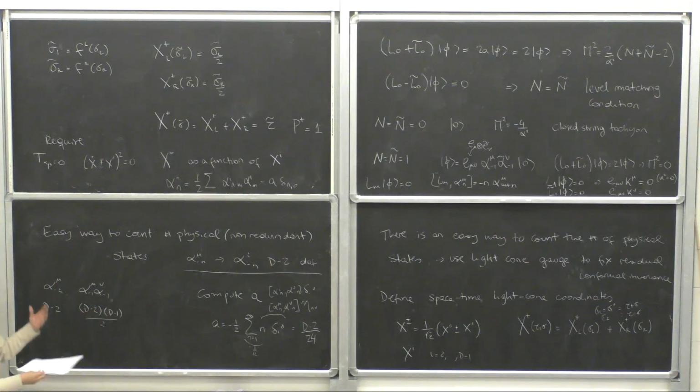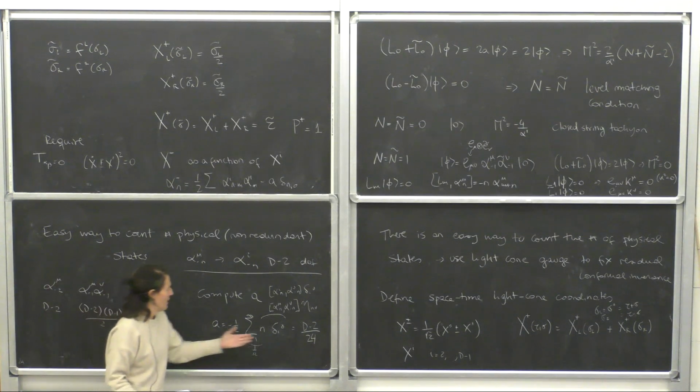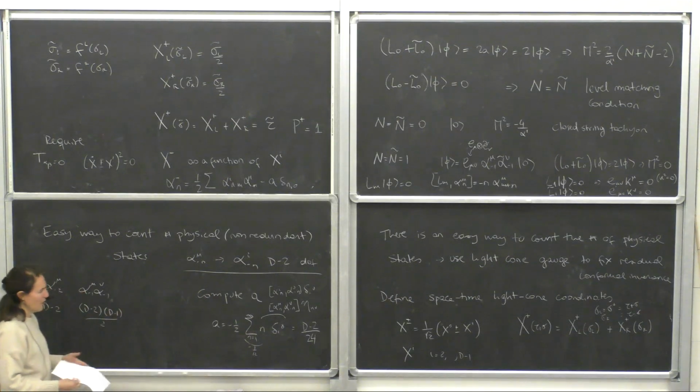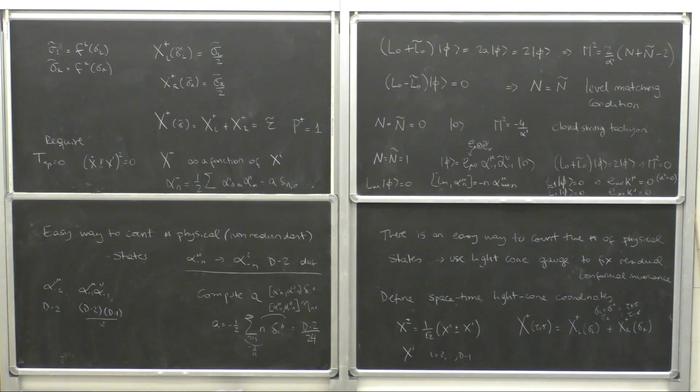A equals 1 gives a nice result, gives massless states, but it doesn't tell you that D has to be 26, that A has to be equal to 1. But there is another way of getting D equals 26, which is from demanding conformal invariance at one loop. And this is what I'll try to do after the break, but very, very sketchy it will be.